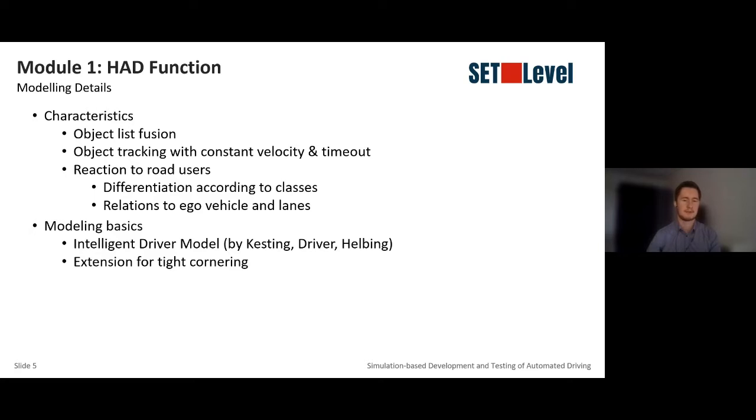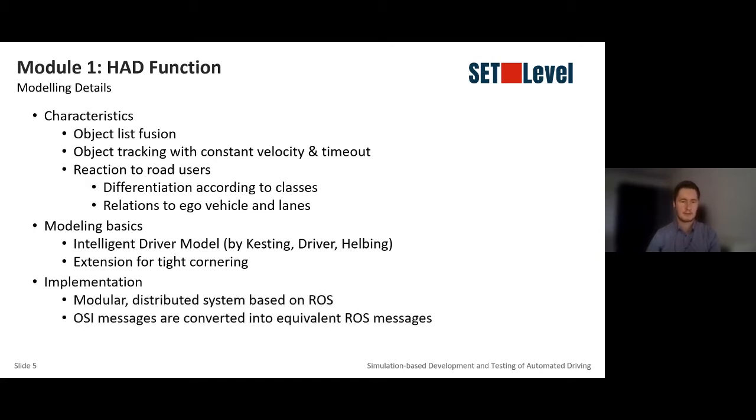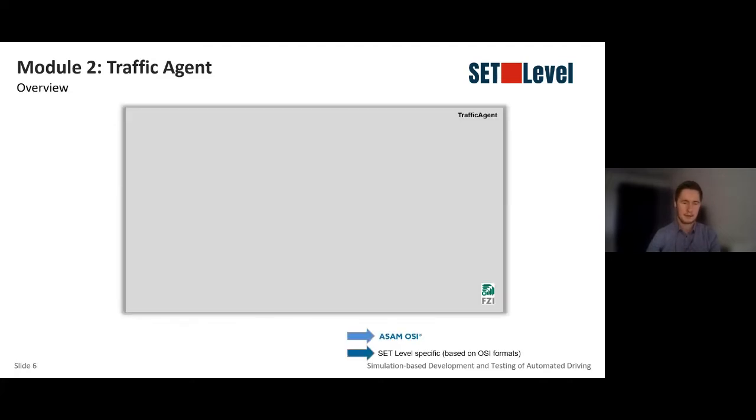The driving function is modeled on the intelligent driver model, and it has an extension for tight cornering to improve trajectory quality. The whole system is implemented in a modular distributed way based on ROS, Robot Operating System. So there is a converter layer which converts the input OZ messages to equivalent ROS messages and vice versa on the output side. The second module is a traffic agent.